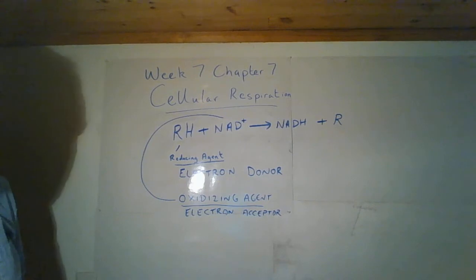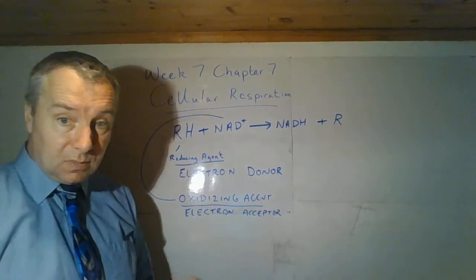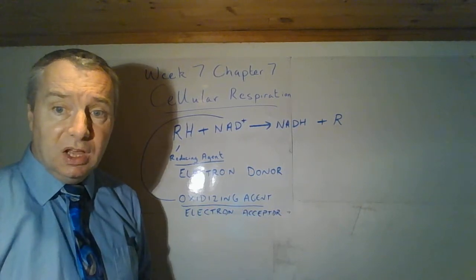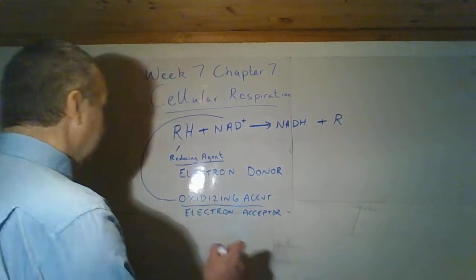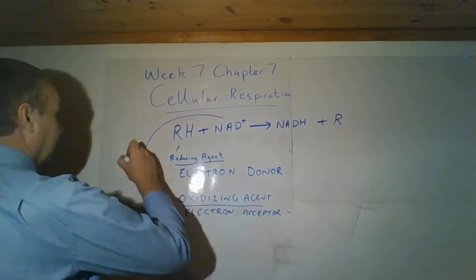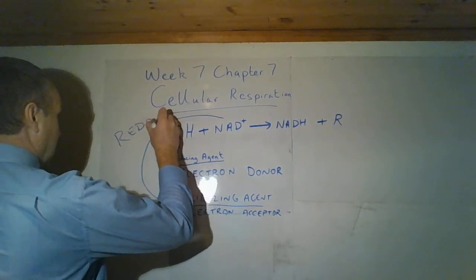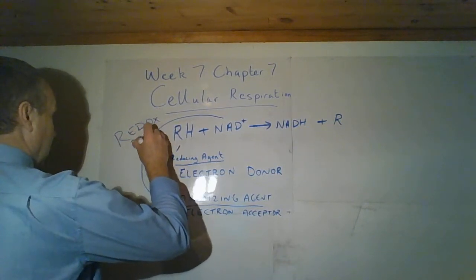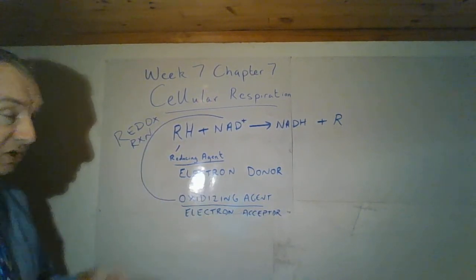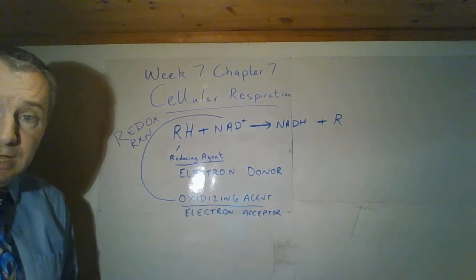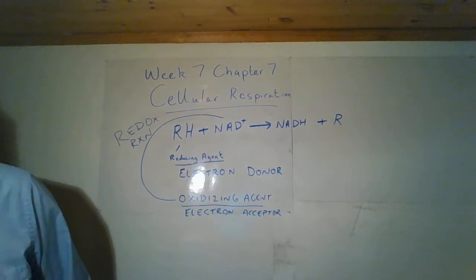And this reaction is called a redox reaction because reducing and oxidation are occurring at the same time in this reaction. And as you'll see later, this is one of the reactions that takes place during cellular respiration.